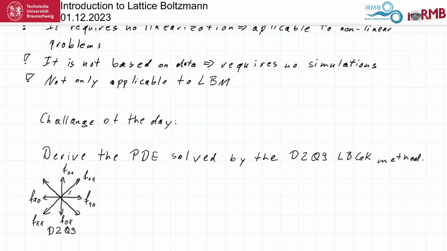And of course, here in the middle, there will also be an F0,0. So we have populations Fi,j, with i and j in -1, 0, and 1. So this is the model we are using.